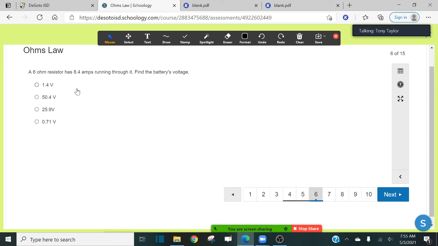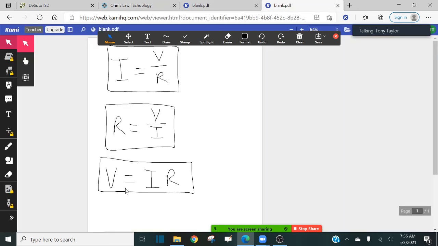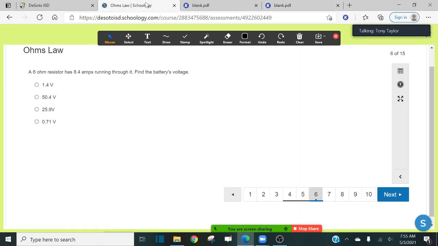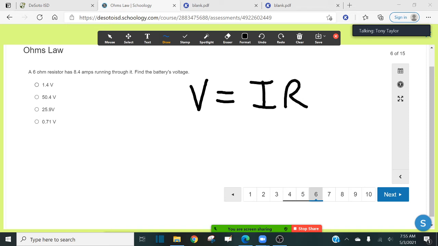Okay, so guys, here, since we're looking for volts, that means we need to use this equation right here. Voltage is equal to current times resistance. Let's come over here. I'm going to write this equation down. So voltage is equal to current times resistance.